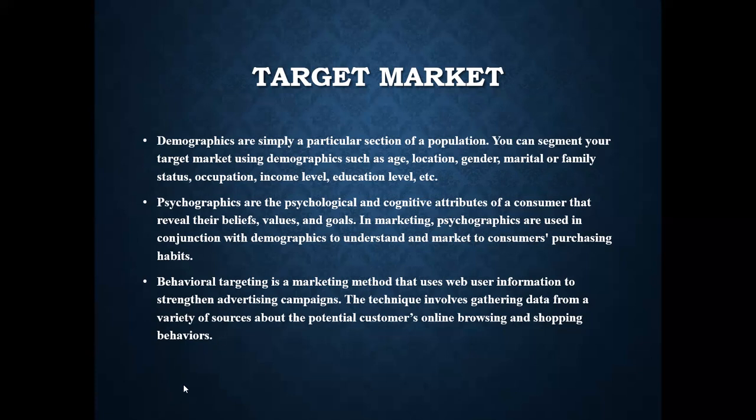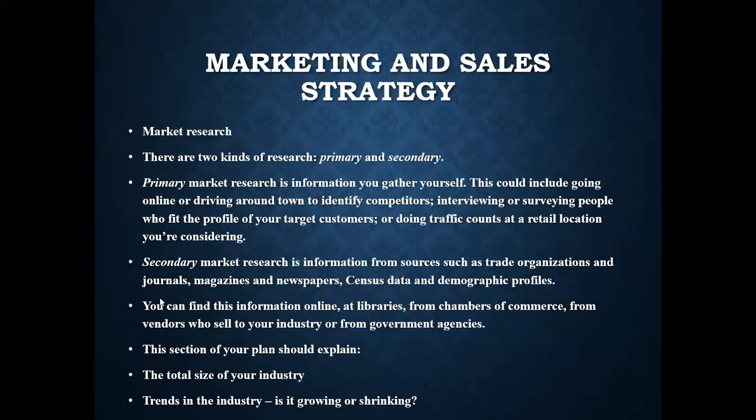It is a marketing method that uses web user information to strengthen advertising campaigns. The techniques involve gathering data from a variety of sources about potential customers' online browsing and shopping behavior. This is a good source to use, behavioral targeting.